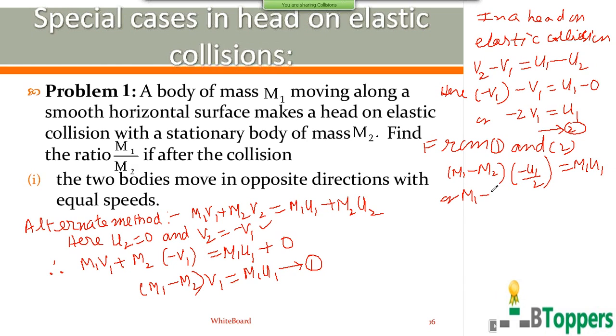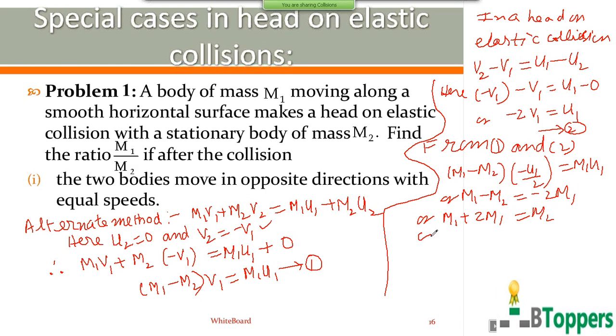So you get m1 minus m2 equal to minus 2m1. Next collect the terms containing m1 to the left hand side and m2 to the right side. So you get 3m1 equal to m2, or m1 by m2 is 1 by 3. That's the answer.